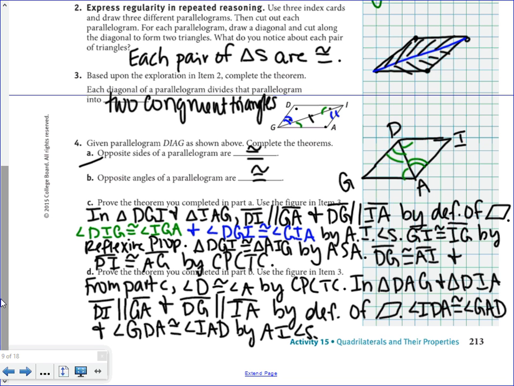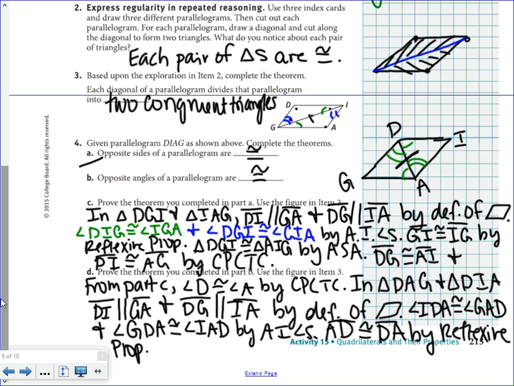So then we know that the side that they share has to be congruent. So we can say AD is congruent to DA by the reflexive property. And then we can say that our triangles are congruent.